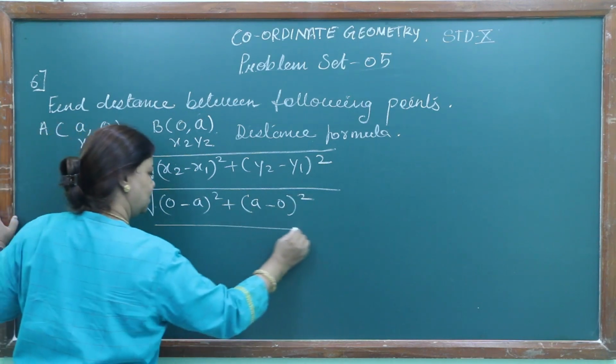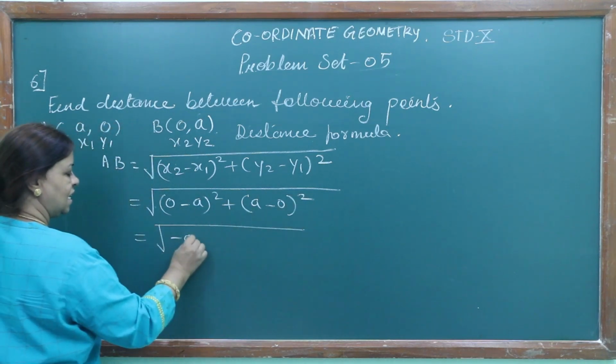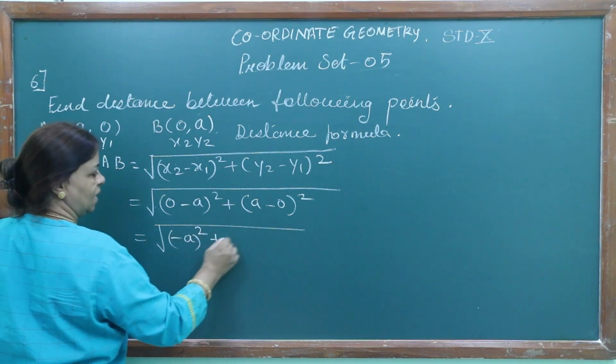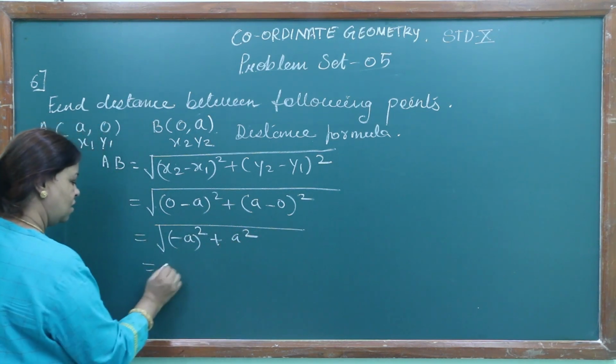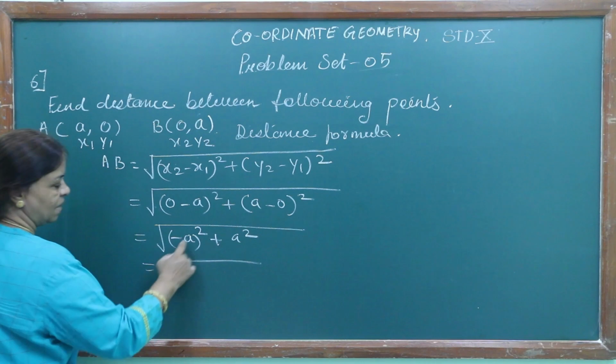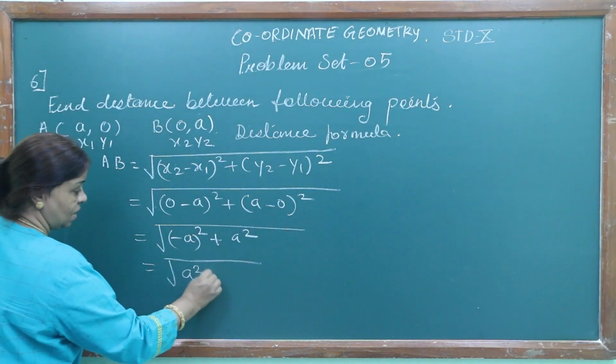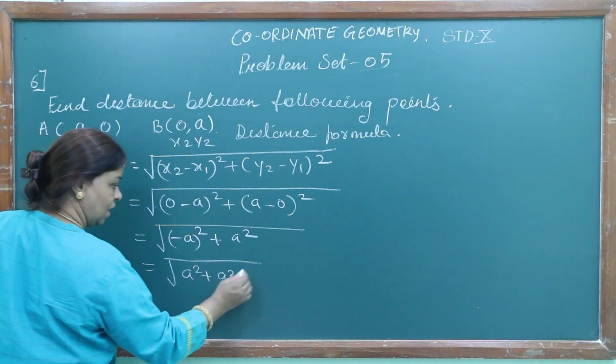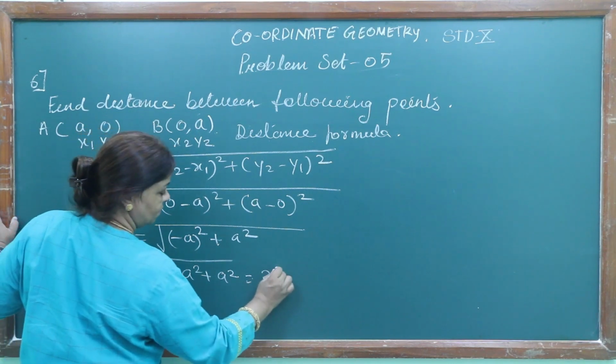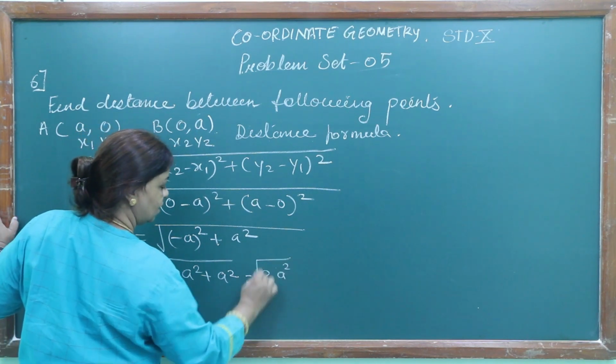What are we getting? We are getting minus a the whole square plus a the whole square, which is equal to minus a the whole square is a square plus a square. So, it is 2 times a square under the root.